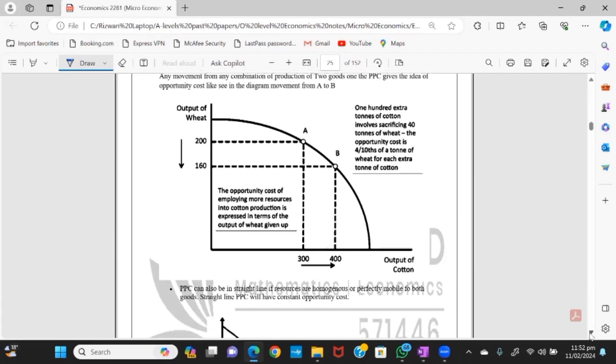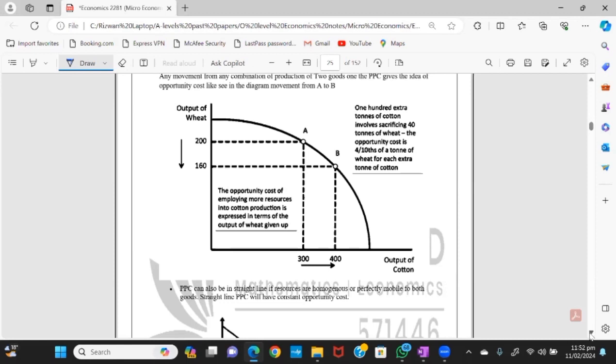Similarly, we have an opportunity cost. If we move from A to B, look at the graph, we sacrifice 40 units of wheat in order to gain 100 units of cotton.